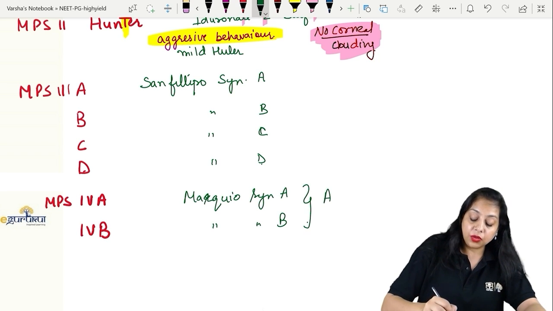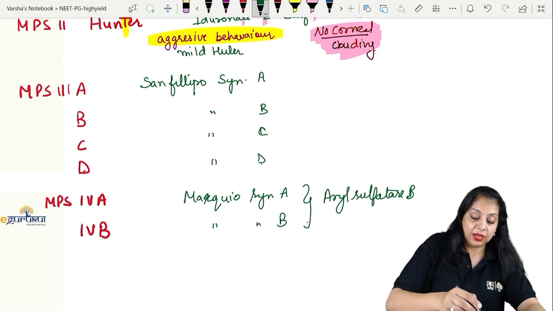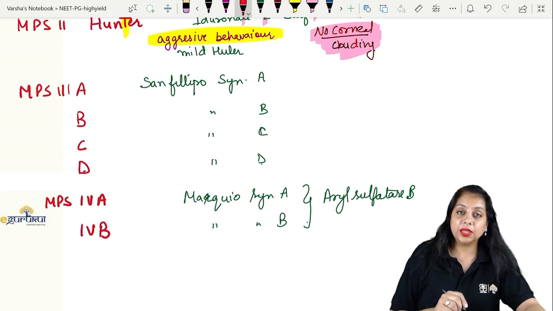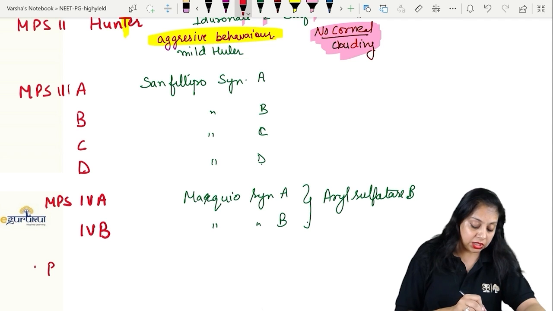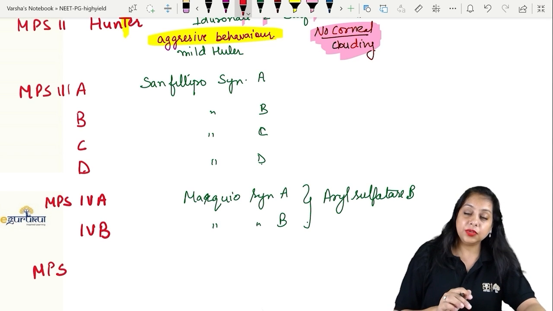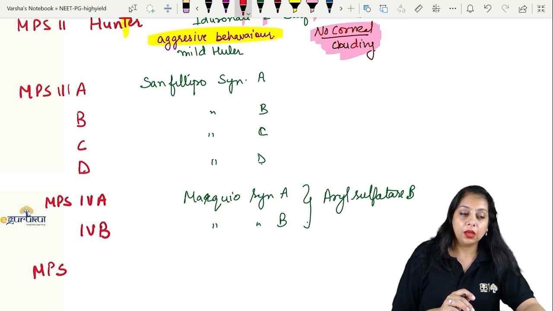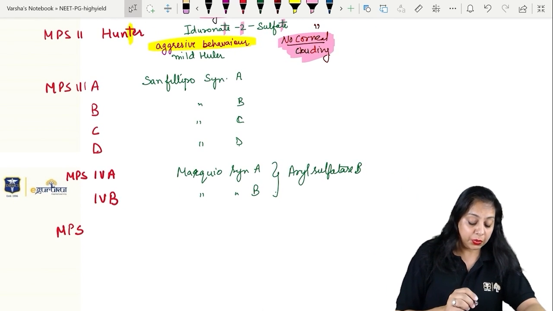Here is the one where you have aryl sulfatase B. In the one where you figured out aryl sulfatase A, that was sphingolipidosis, right? So just don't get confused. Sometimes in the rush, we pick an answer which looks very obvious, but a single alphabet difference in the option given really makes the difference. I'm telling you. Presence of mind is very important at that point in time.